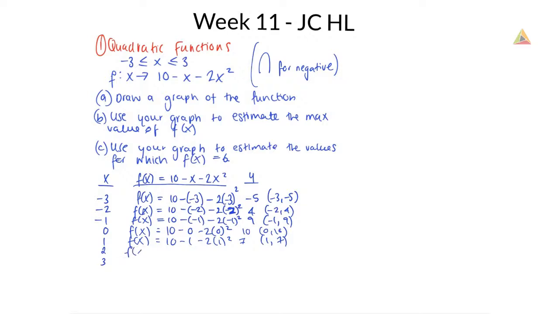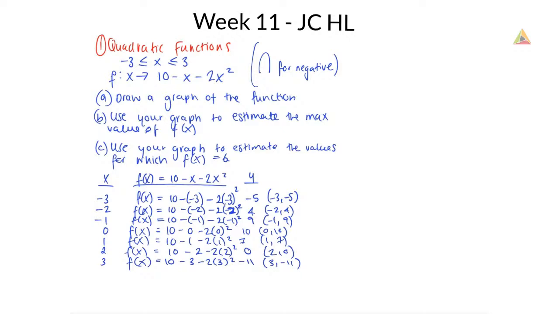Then we have the f of x is equal to 10 minus 2 minus 2 by 2 squared, and you get a value of 0, so that point is going to be (2, 0). And finally, the f of x is equal to 10 minus 3 minus 2 by 3 squared. And again, when you put it into the calculator, you get a result of minus 11. So your point is going to be (3, minus 11).